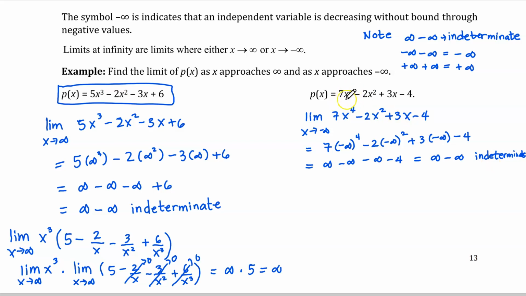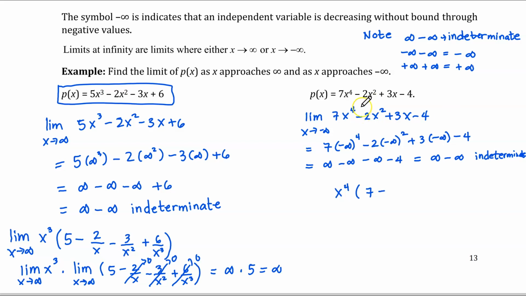Factor out x to the fourth. So we will write this as x to the fourth times. When you factor out x to the fourth, that means you divide each term by x to the fourth. So 7x to the fourth divided by x to the fourth is 7.